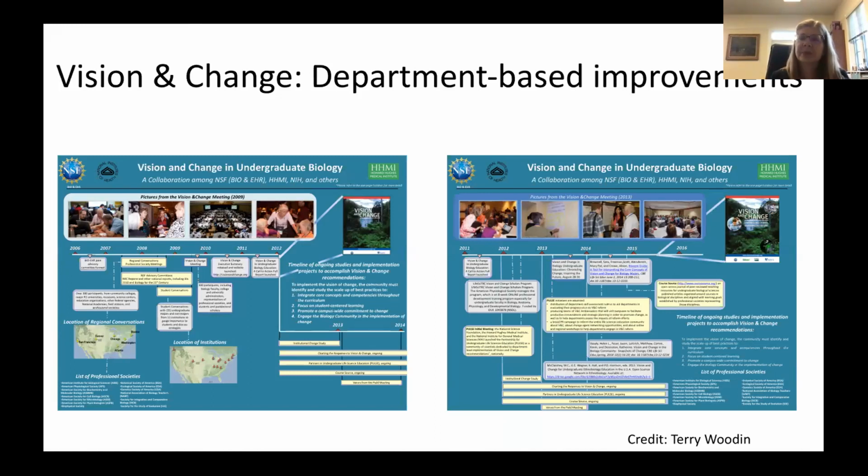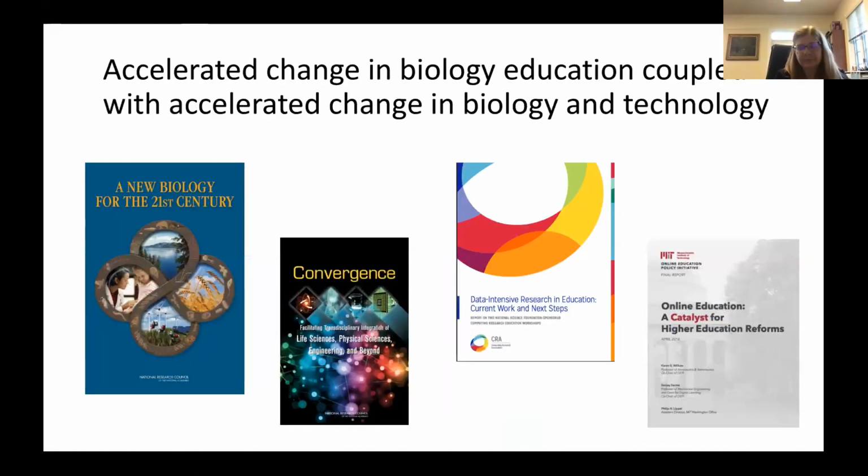In this case, it's how we teach undergraduate biology. A lot of things happen, and more importantly, a lot of things begin to stick. So that's a really interesting model you might want to come back and reflect on, and think big and be ambitious for U-FERN. So there was a lot of change in undergraduate biology education.